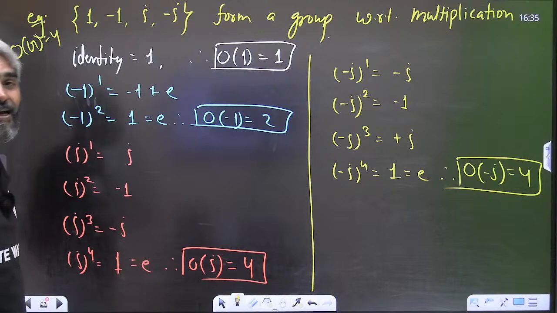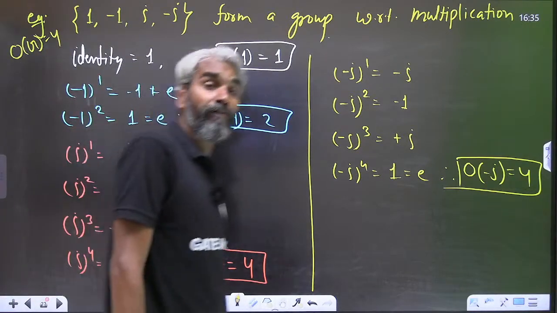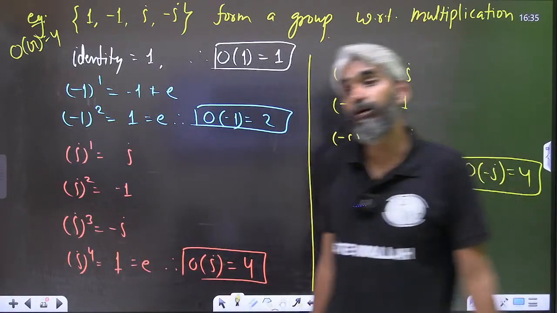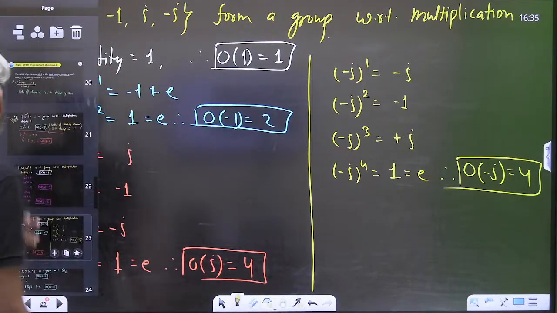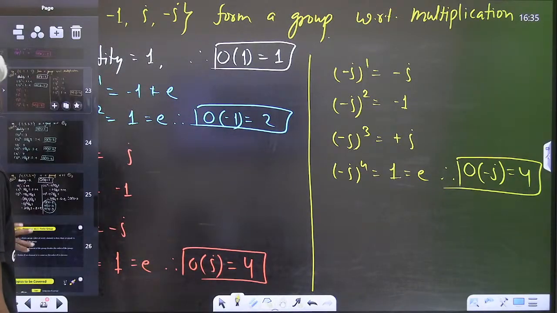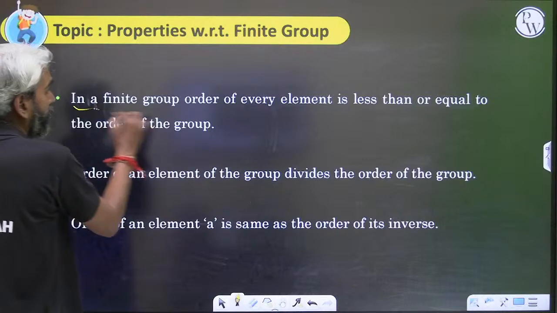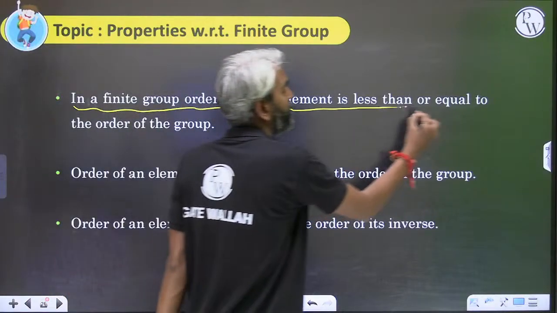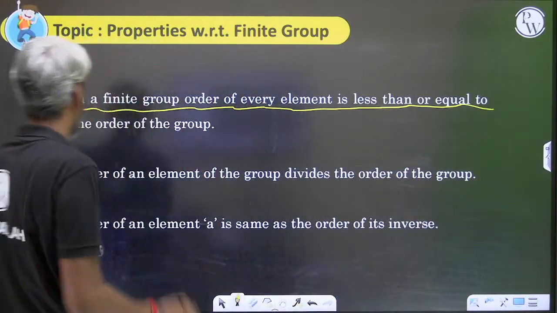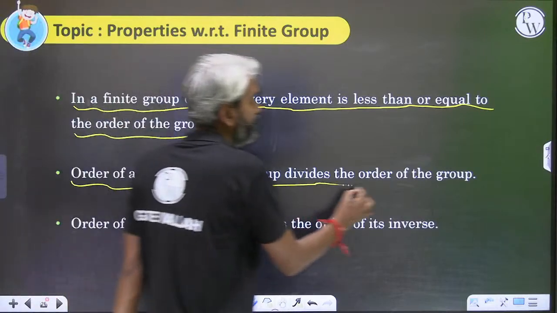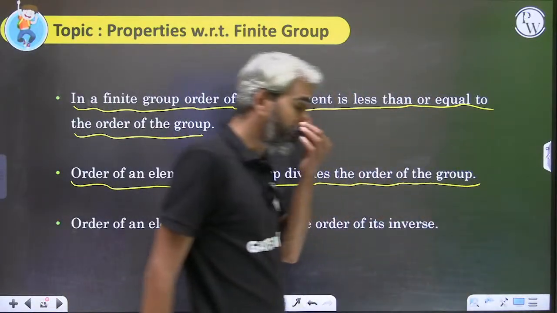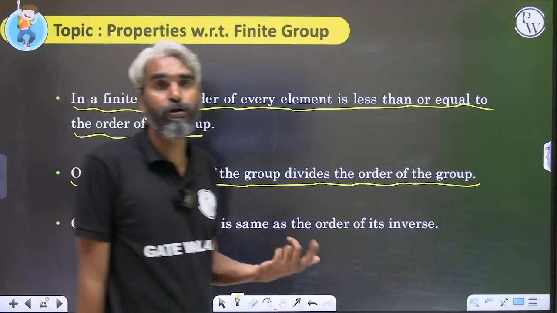So the order of every element of the group will divide the order of the group. That's a note which you can write down. In a finite group, the order of every element is less than or equal to the order of the group, and the order of an element of the group divides the order of the group. So it will never happen that the order of an element will be more than the order of the group.